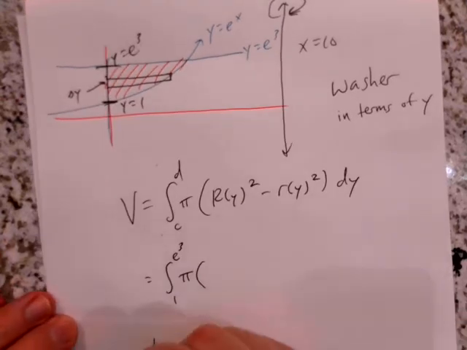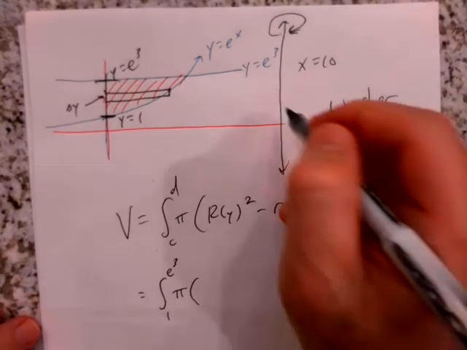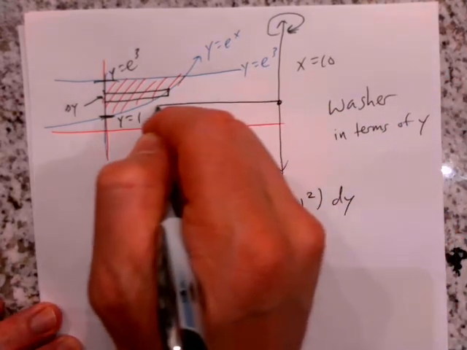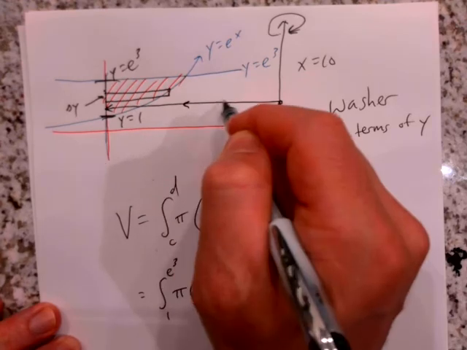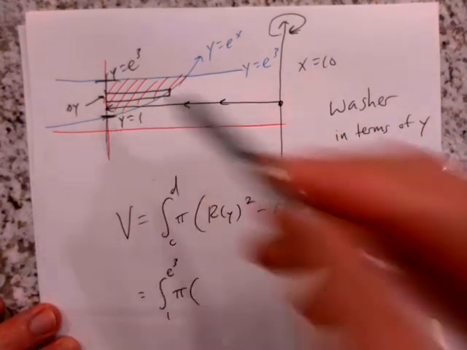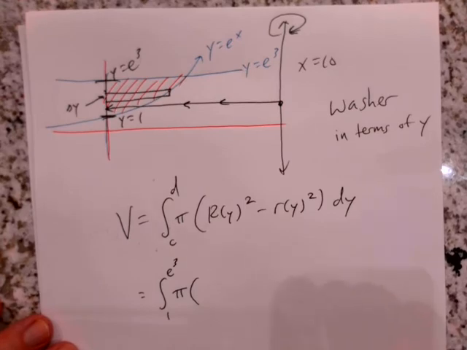Big R of y is the distance from your axis of revolution to the outside of the region. So it starts from the axis of revolution, goes all the way to the point on the region farthest away.